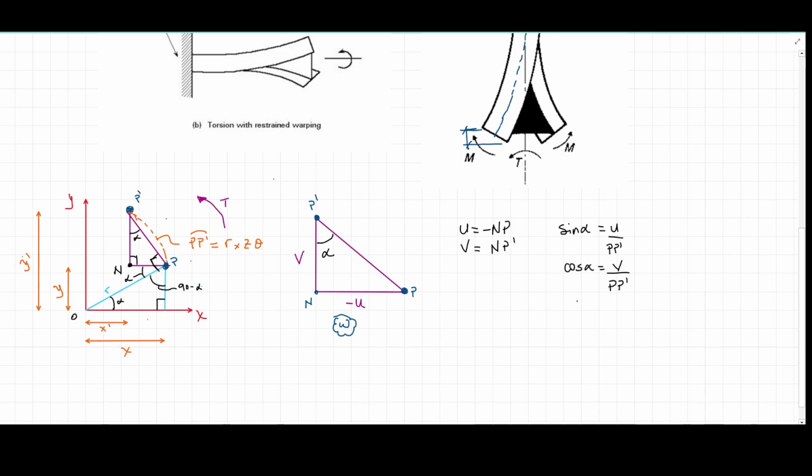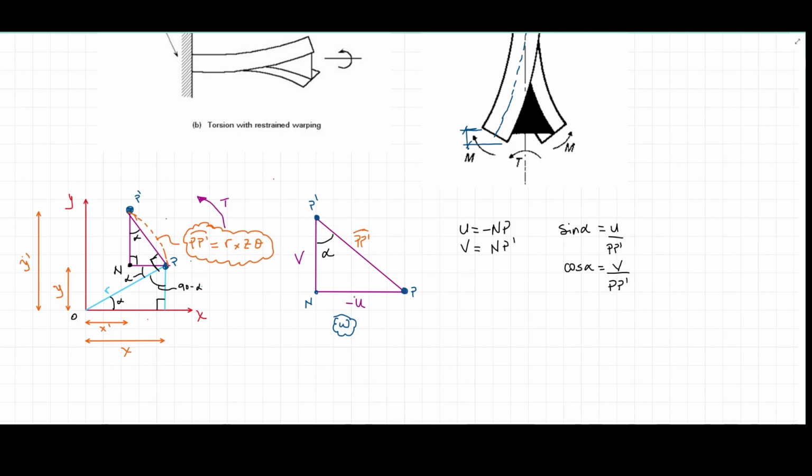Right. Now, knowing that the line P prime, even though I'm saying this is an arc, is very small, I'm considering it to be a straight line here, then I can find certain interesting relationships.